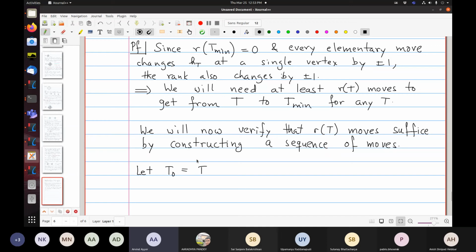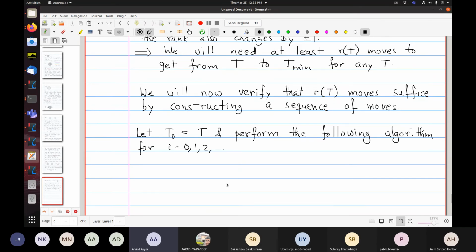And now in this process we will construct an explicit sequence of loops. Let T0 be our original tiling T, and we'll get to T min by the following sequence of moves. We'll perform the following algorithm: for i equals 0, 1, 2, etc., until we get it.